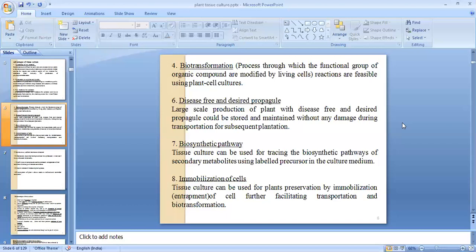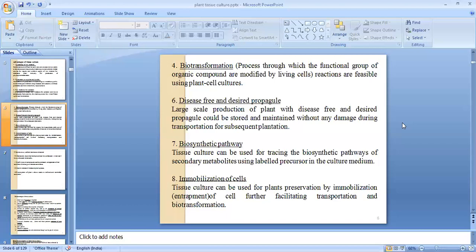Okay, and next advantage is the disease-free or the desired propagule. Well, what do you mean by that propagule? It is nothing but a part or any kind of thing which is used as an explant to produce the whole intact plant or to produce the secondary metabolite. Okay, that is called your propagule, right? So this disease-free and desired propagule can be obtained by this tissue culture method.